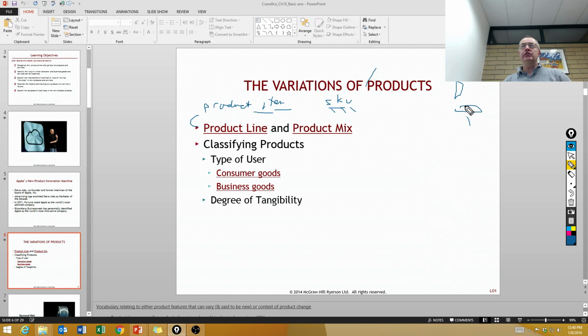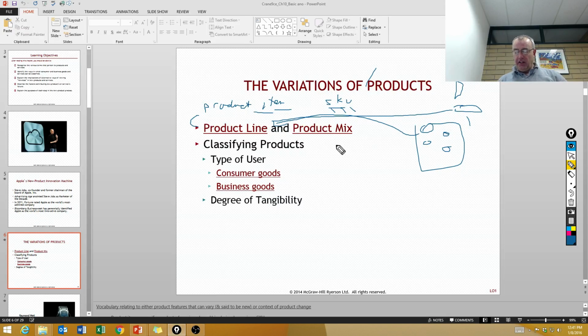We can see product lines with bread products. You've got bread, buns, bagels, wraps. They're all part of the same product line. They all satisfy hunger, and they're all bought by the same kind of customers, people looking for material for their lunch.